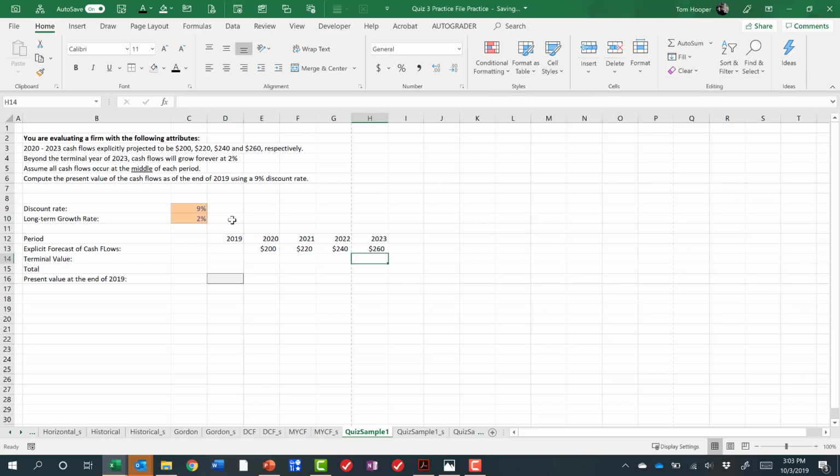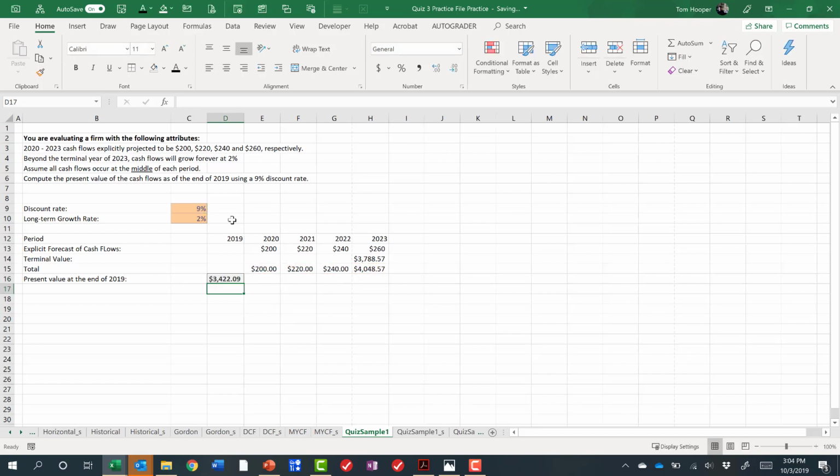So the terminal value is the last cash flow times, actually grow it by the growth rate to get it to be the next cash flow, divide it by the discount rate minus the growth rate. Sum up all those cash flows we're getting in the last year. I like to just copy that formula over and then take the net present value.